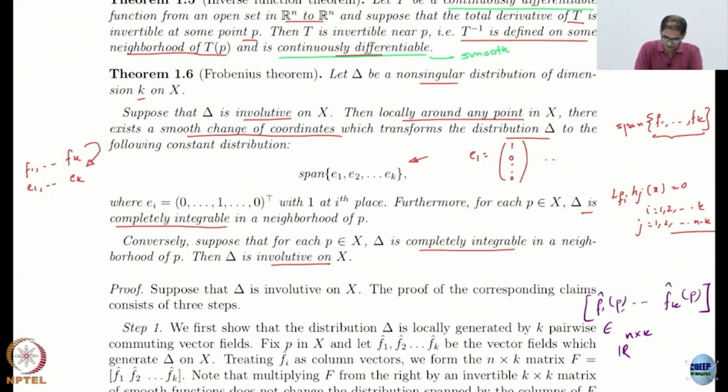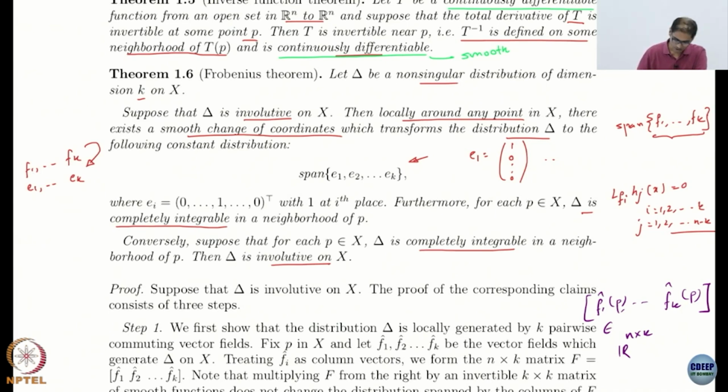So let's look at the statement. The statement is actually just two pieces. Of course, you start with a non-singular distribution of dimension k, that's what we've been doing. Then what this entire thing says is two things. One, involutivity and complete integrability are equivalent.